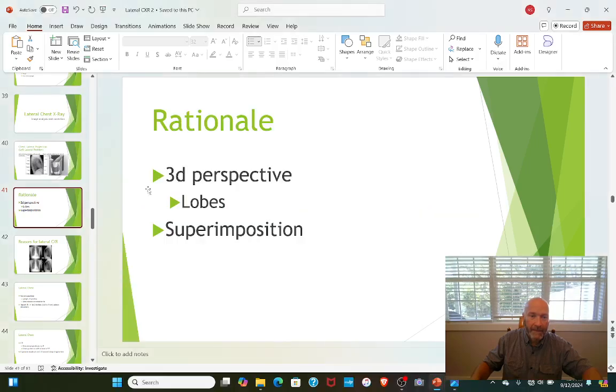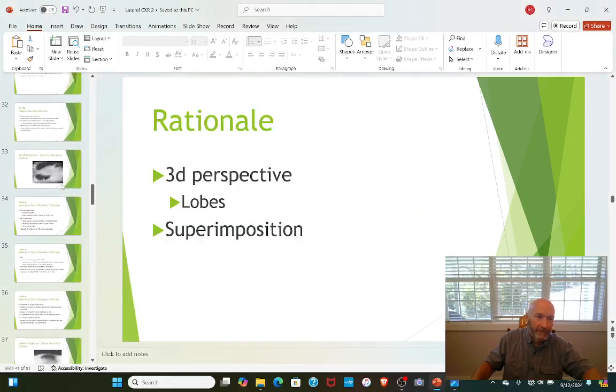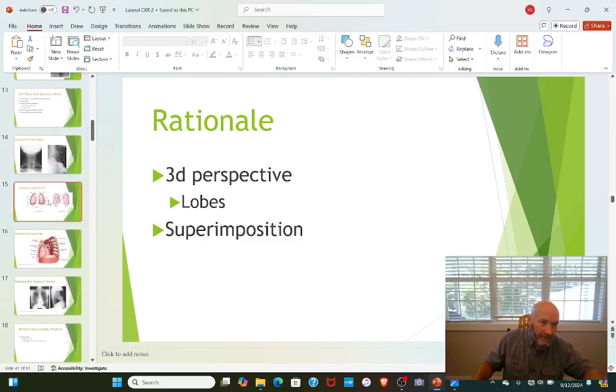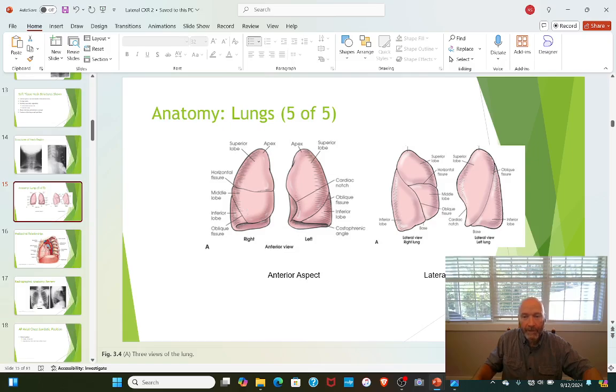I'm going to close this out just for a second, and I'm going to scroll up to a different portion of this PowerPoint and show you what I'm talking about. So what we see in the lungs is that we've got 1, 2, 3 lobes. But if you look at the lobes, it's not as cut and dry as saying we have a superior lobe, a middle lobe, and a lower lobe.